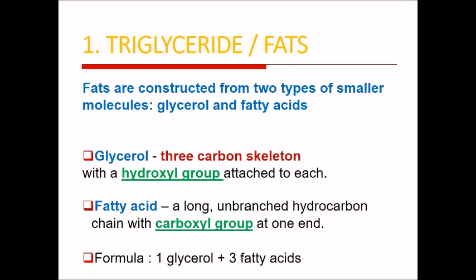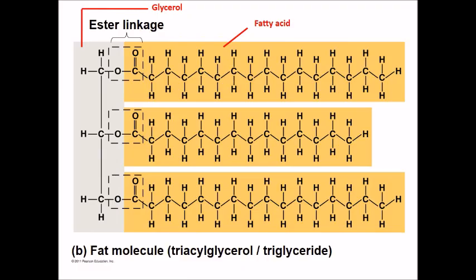So fats or triacylglycerides are constructed from two types of smaller molecules, which are glycerols and also fatty acids. So what is glycerol? Glycerol is a molecule that has a 3-carbon skeleton, meaning it has 3 carbons that make up the backbone of the glycerol, and it has hydroxyl groups attached.